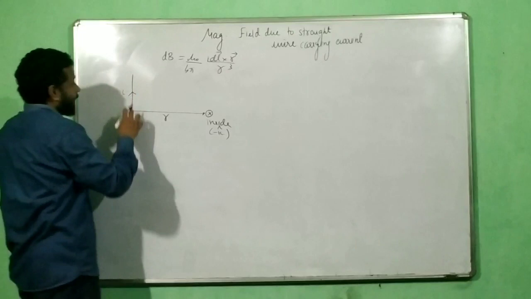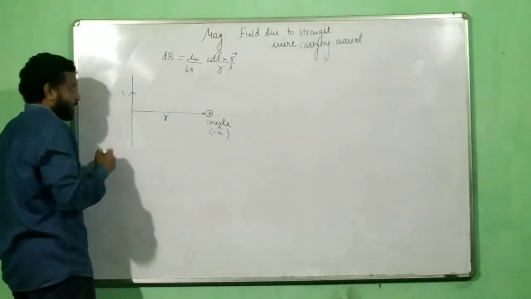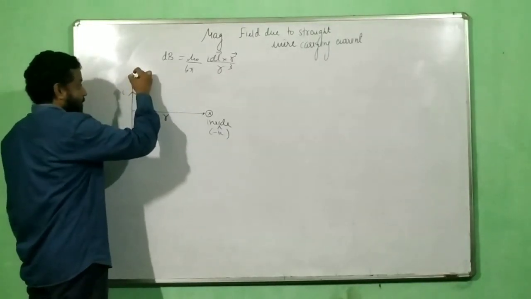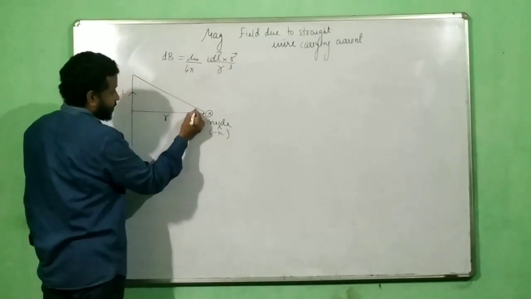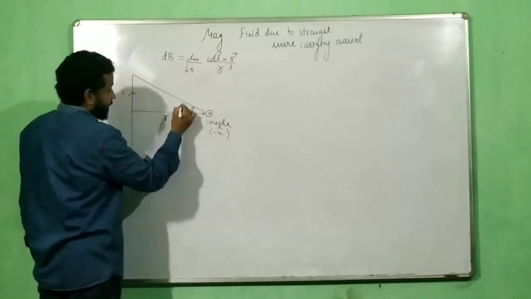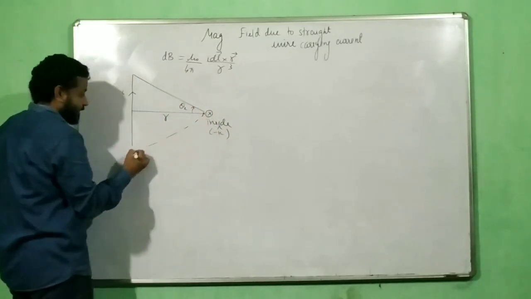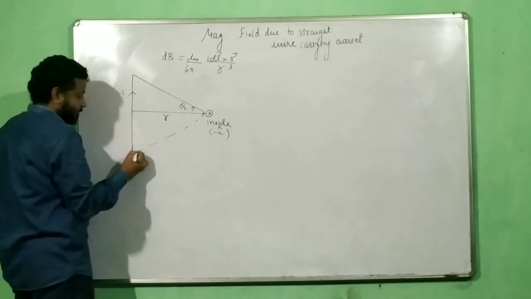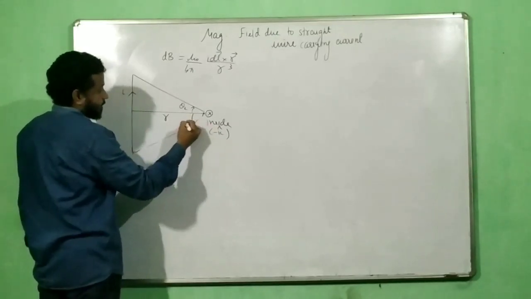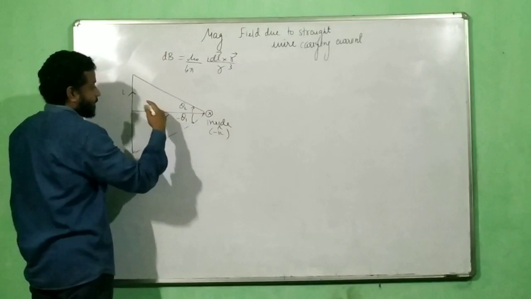But this field has some expression to it. For that expression, we need to complete the diagram. So let us say that that point makes an angle here as theta 2, and let us say that this makes an angle of minus theta 1. Remember, this is theta 2.